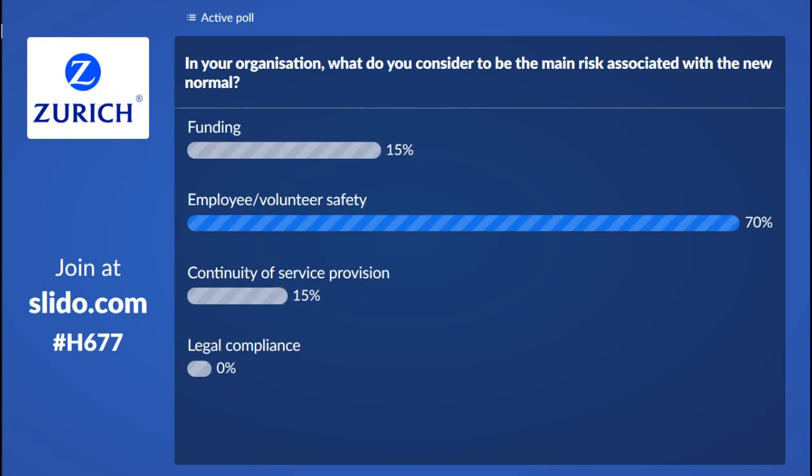The votes are coming in nicely. So in your organisation, what do you consider to be the main risk associated with the new normal? The options were funding, employee/volunteer safety, continuity of service provision, or legal compliance.